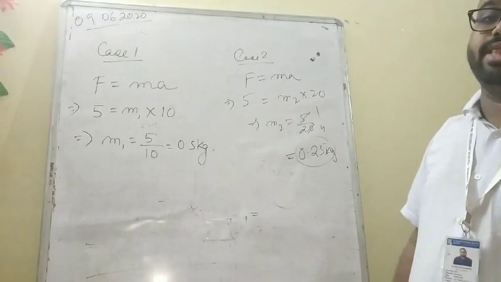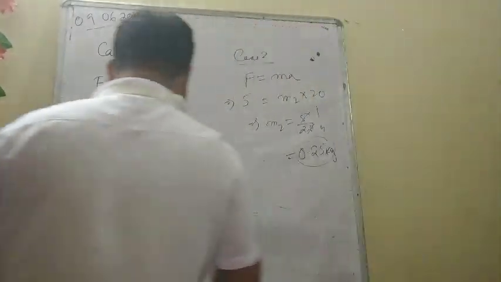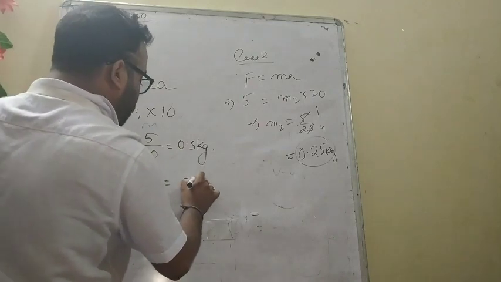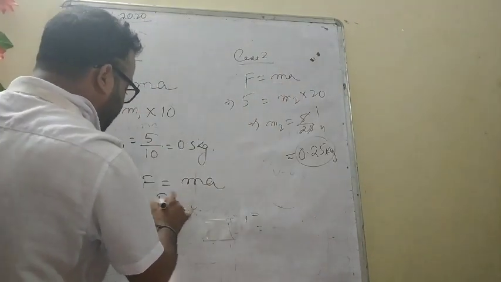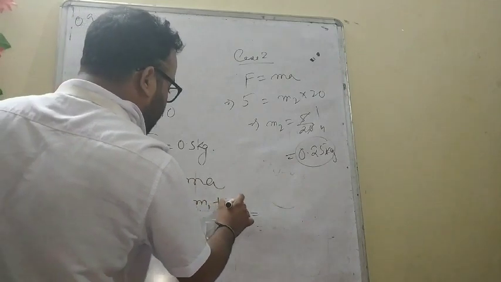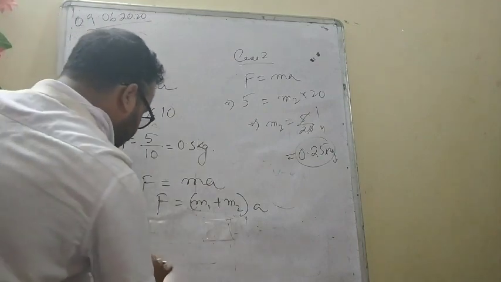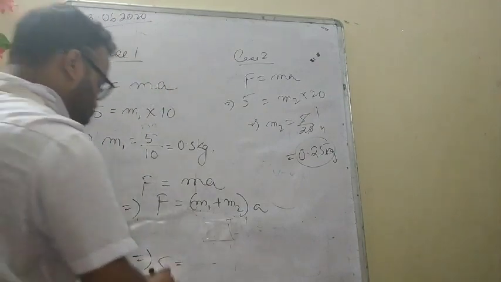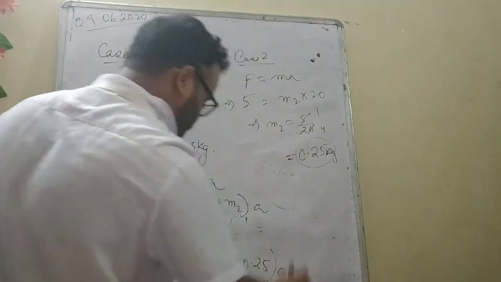Now you have to find the acceleration. Force remains the same, so again F is equal to ma. When they are tied together, mass will become the total mass. F is equal to (m1 plus m2) into a. So this implies 5 is equal to (0.5 plus 0.25) into a.